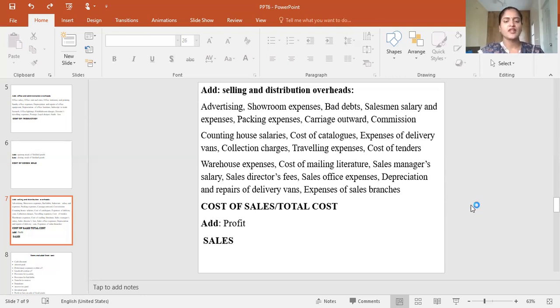These are all the expenses that should be taken under the selling and distribution overheads.